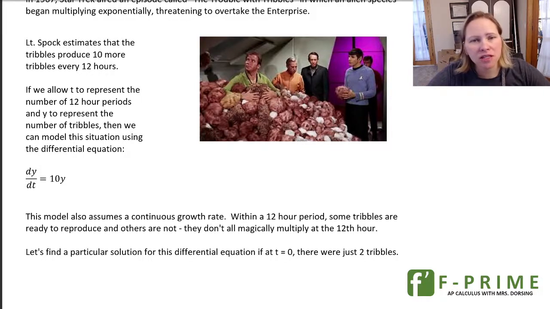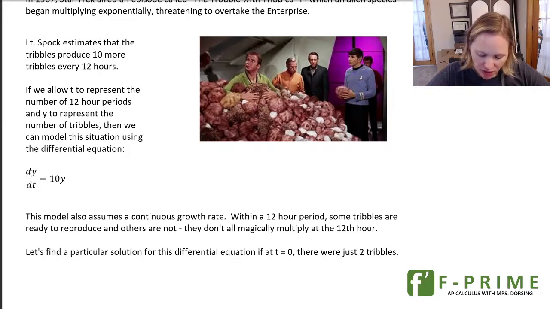And so the idea is that if you break down your time into discrete intervals, here's how we're counting it: we're counting them as 12-hour periods. So we have a continuous rate of growth here rather than a discrete rate of growth. Discrete would be at the end of 12 hours, every tribble present would create 10 more, and it would only happen at the 12-hour mark. So that's what we mean by discrete versus continuous.